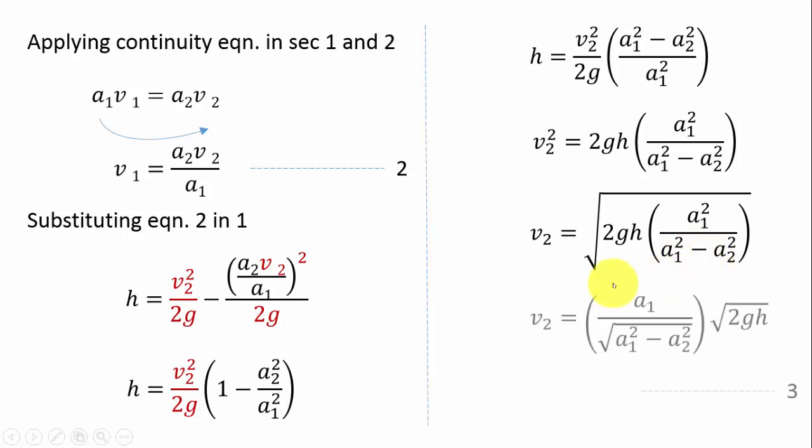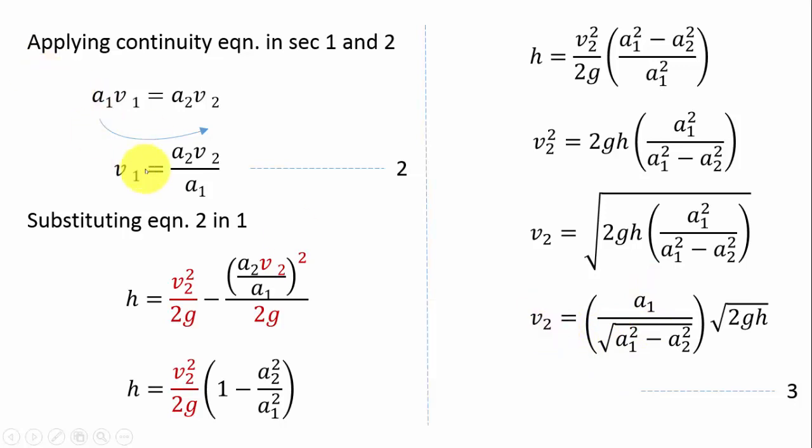So now we are removing that common root and we are individually giving the root to the 2gh and A1 square minus A2 square. And root of A1 square can be written as A1 because the root and square will be cancelled. So now let us take this equation as equation number 3.